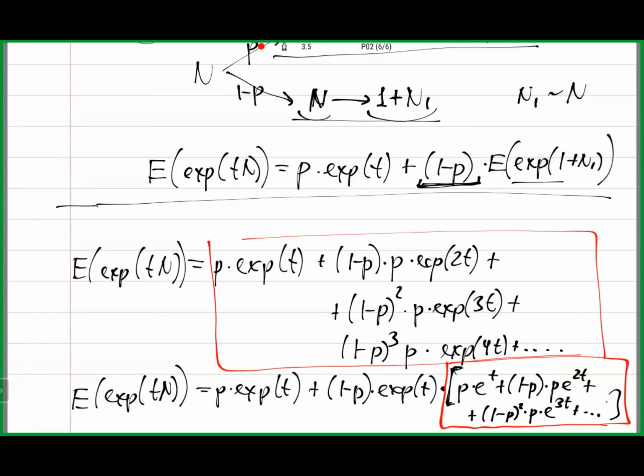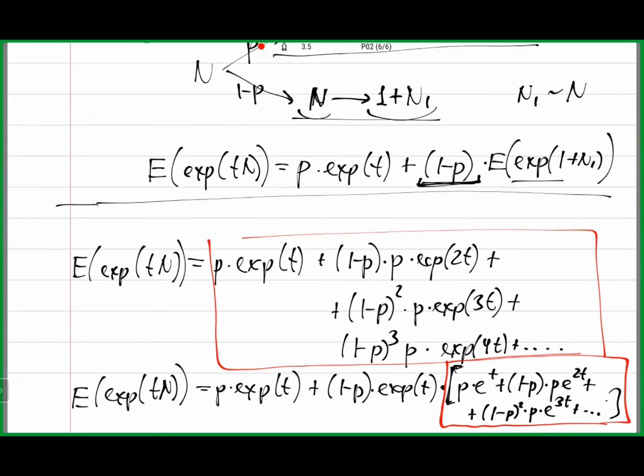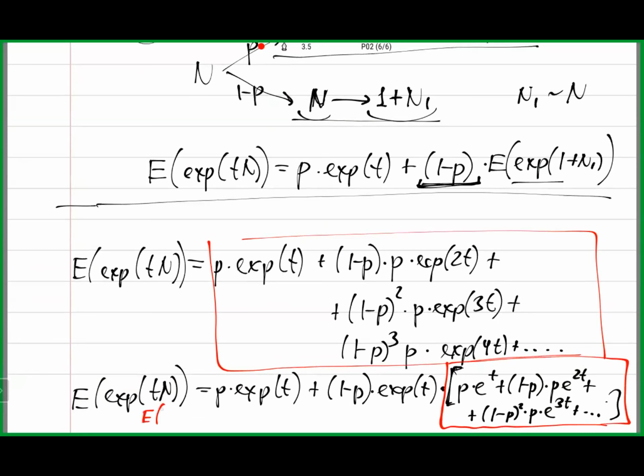Yeah, that's the same sum. And hence I have the first step equation: the expected value of exponent of Tn is equal to P times exponent of T plus 1 minus P times exponent of T times the same expected value.